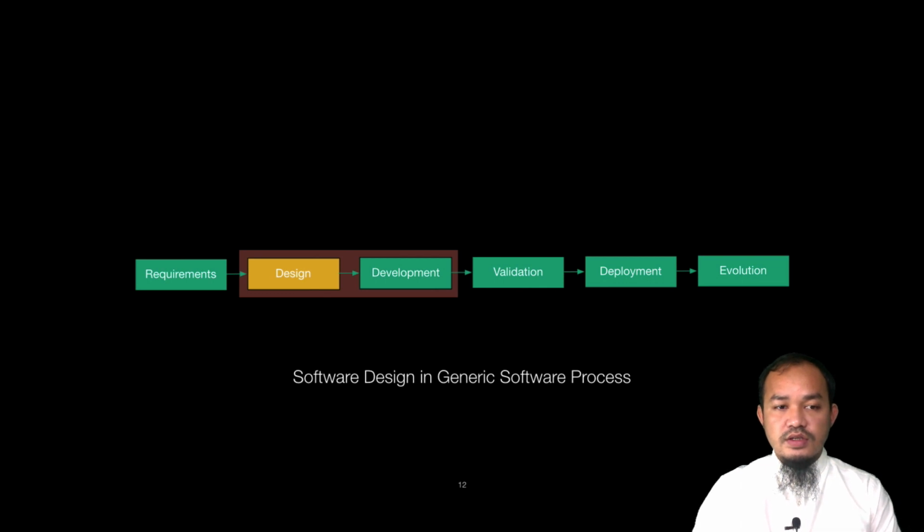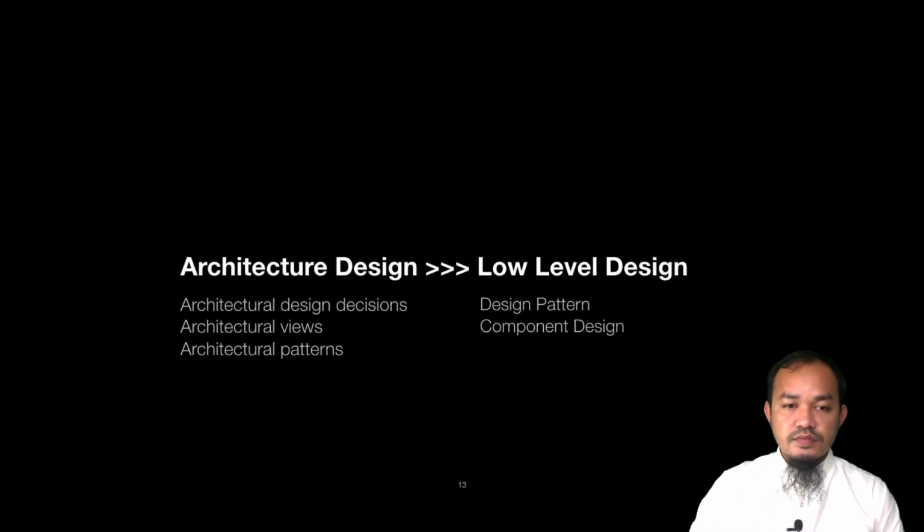Software design is a generic process. We can see the flow from design to development, or implementation. Because we discussed that architecture design is high-level design, and we want to add more specific detail, we have to discuss low-level design, which covers design patterns and component design.